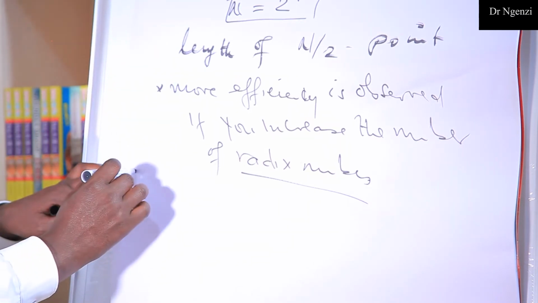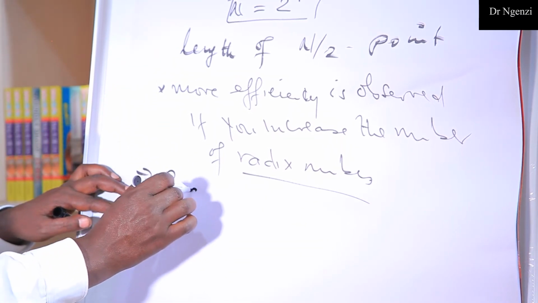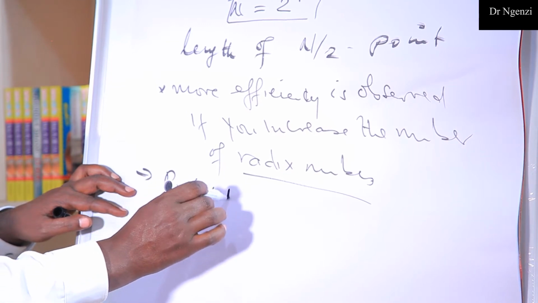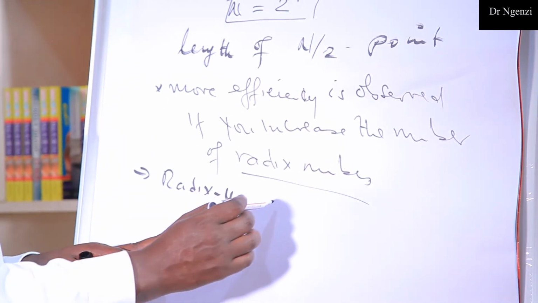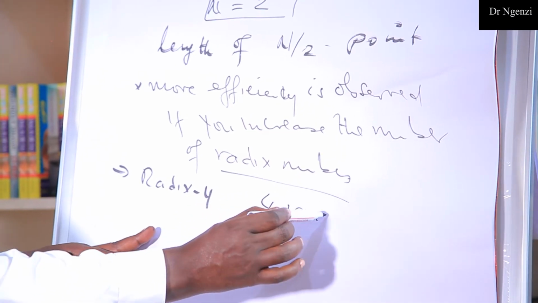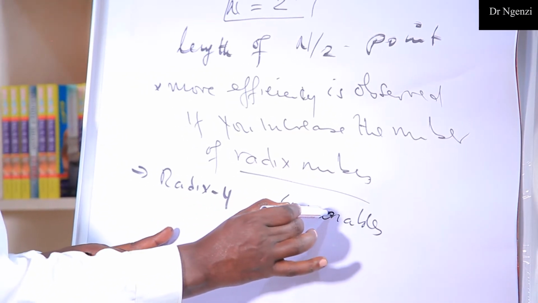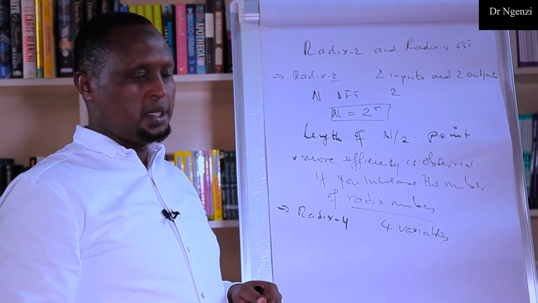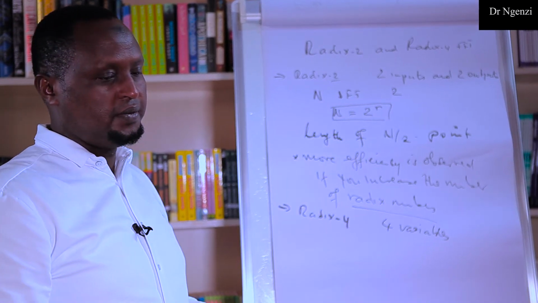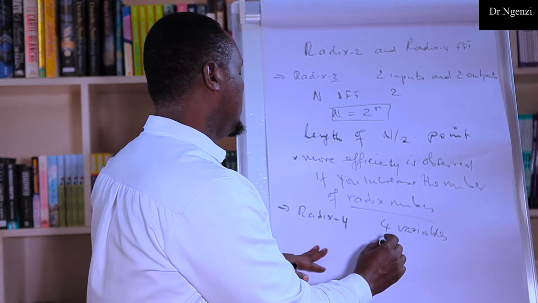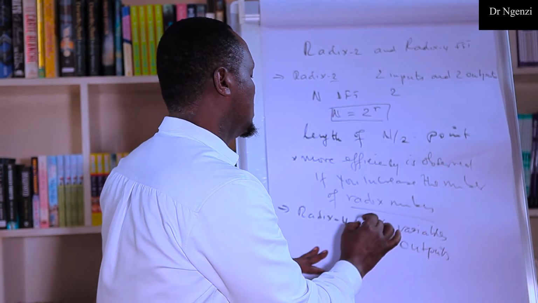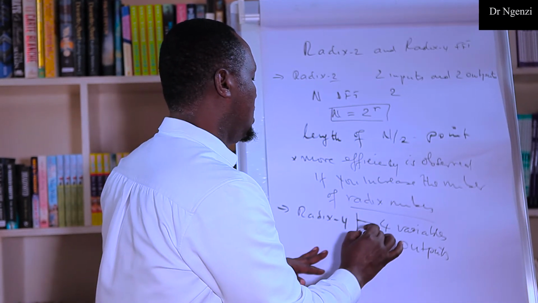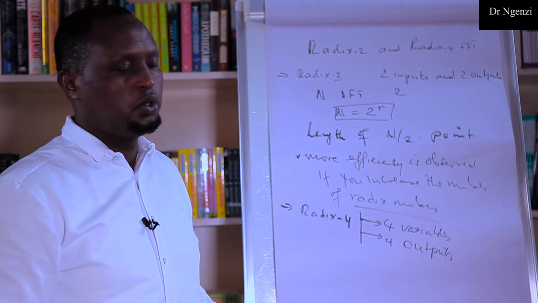So RADIX-4, in this case, is where we have the input signals or input variables being 4 variables, and also you can have the 4 outputs.